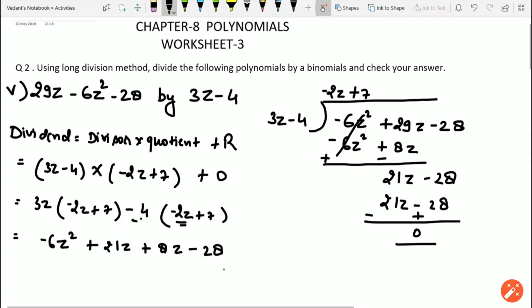So we got our dividend back. So it is checked, which means our division is right.